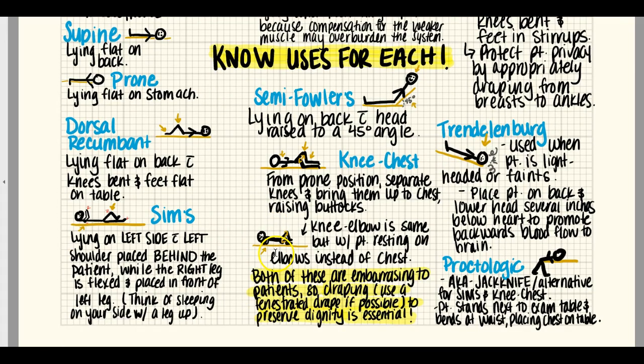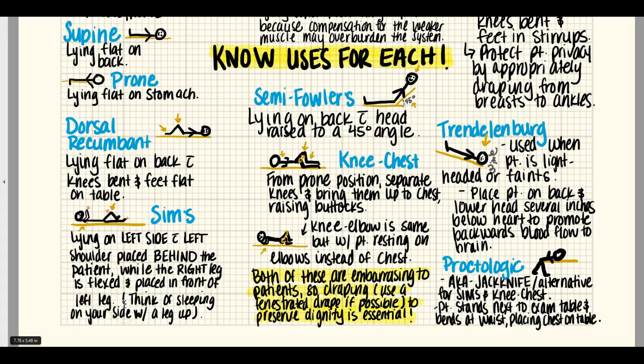The Sims position is where, I'm not very good at drawing stick figures, so a little diagram here, if it doesn't make any sense to you, is labeled right leg, right arm, left arm. But the Sims position is where the patient is lying on their left side with their left shoulder placed behind the patient, while their right leg is flexed and placed in front of the left leg.